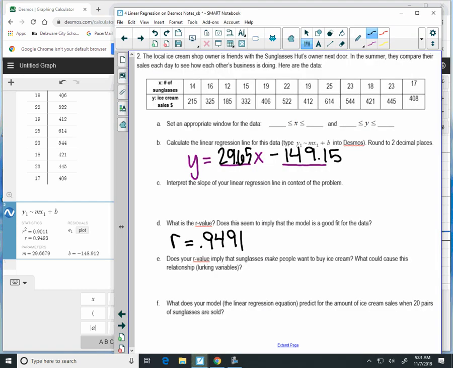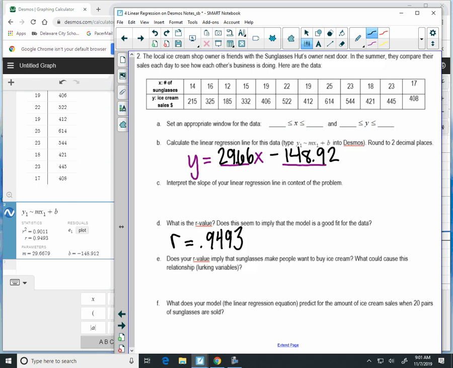Let's see, 29.66 instead of 29.65, 148.92. No big deal. All right, so 29.66 for m and 148.92 for b. You guys corrected my work back there?